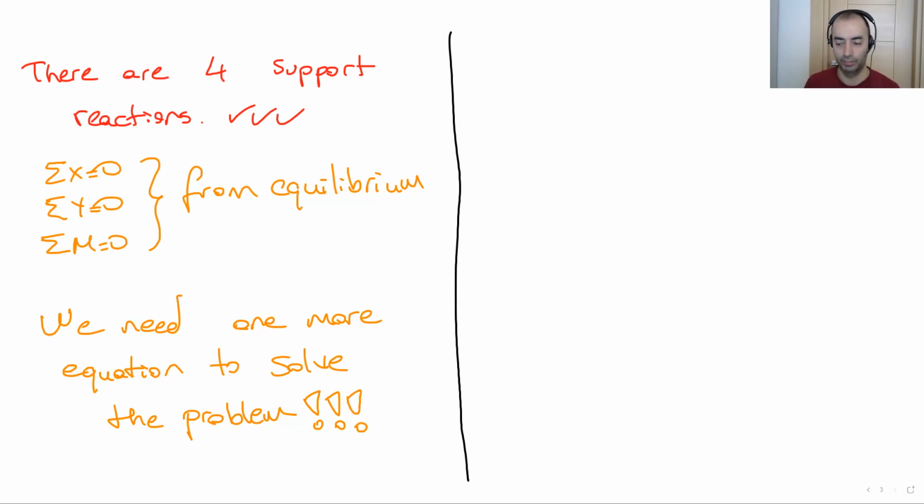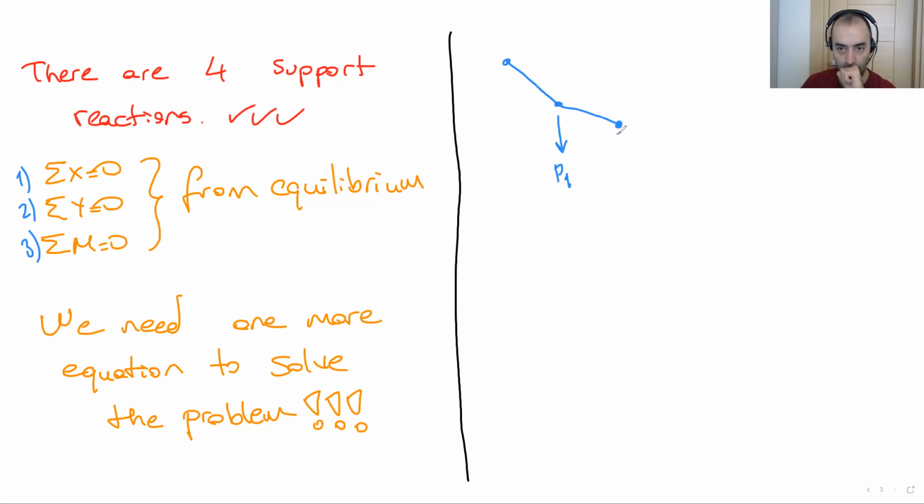So let me change the color. We know these three. For the fourth one, what I said, we are going to cut the system from C2. Let me draw C2 here. Here I have P1.